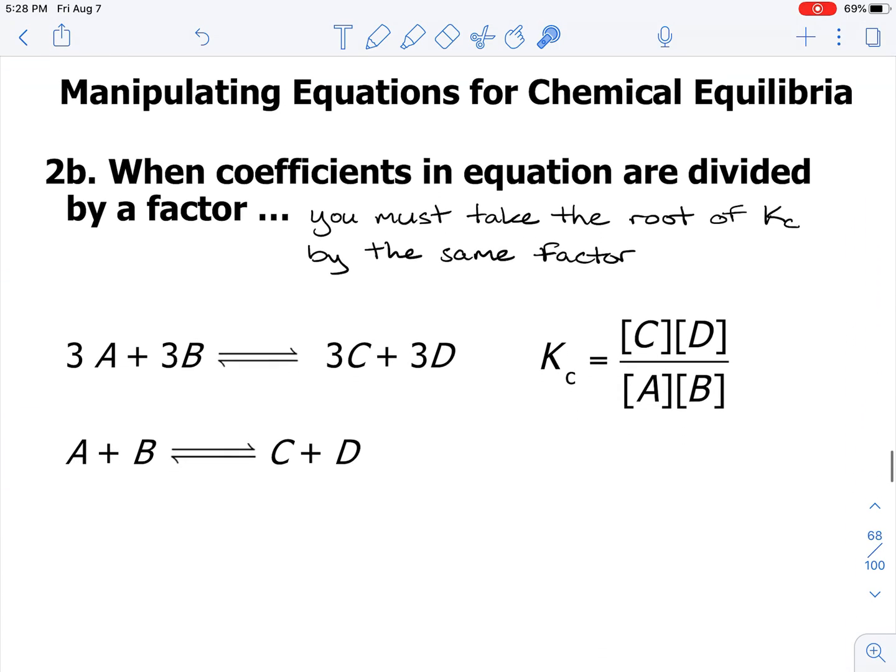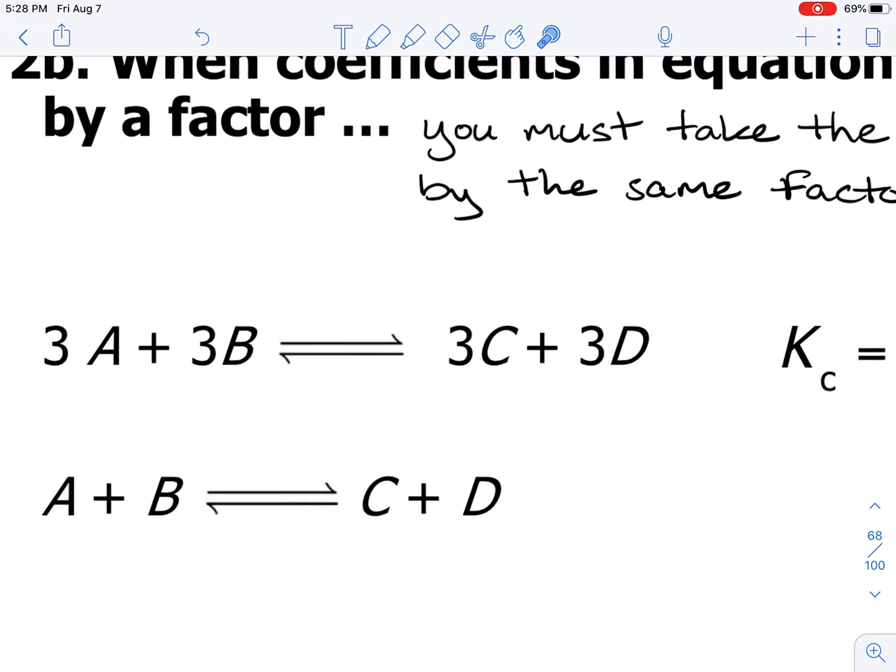And so let's go ahead and take a look at what we need to do when we divide a chemical equation by some factor. And so overall, if we're dividing the chemical equation by some factor, we must take the root of the Kc, the equilibrium constant, by that same value. And so what do I mean by that?